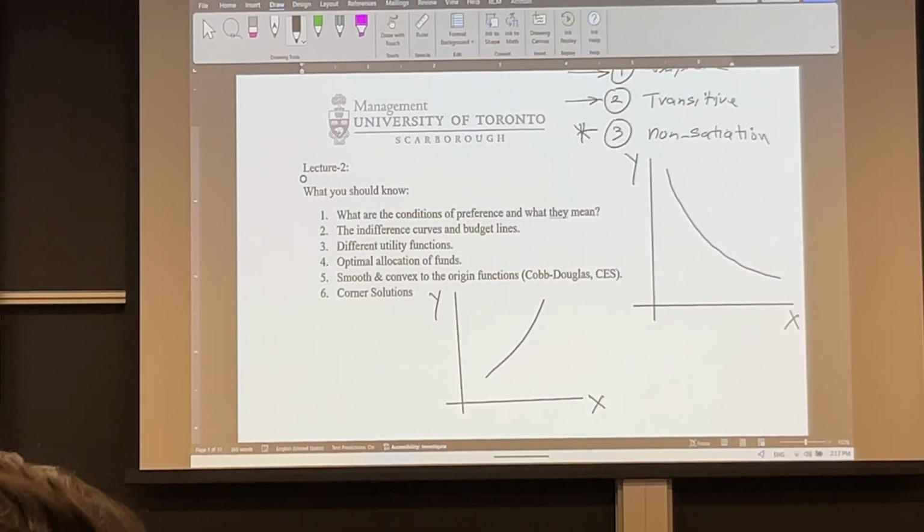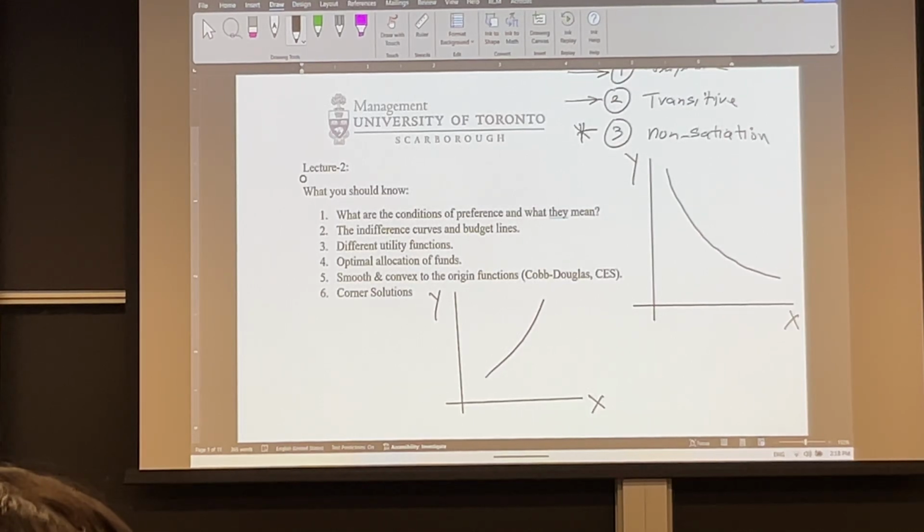Yep. Non-satiation. Because if it's upward sloping it means more of one requires more of the other one to keep you as happy. Right? But you claim both are good. It doesn't work. Makes sense? So that violates non-satiation, meaning one of them is bad. Which is quite possible in the real world, you have a lot of bad stuff.